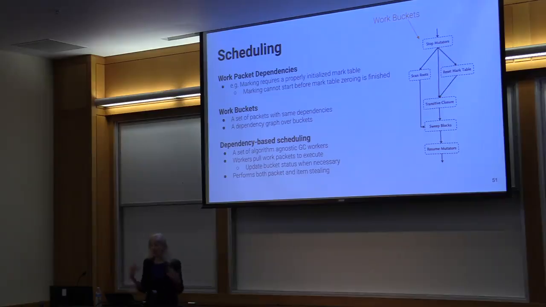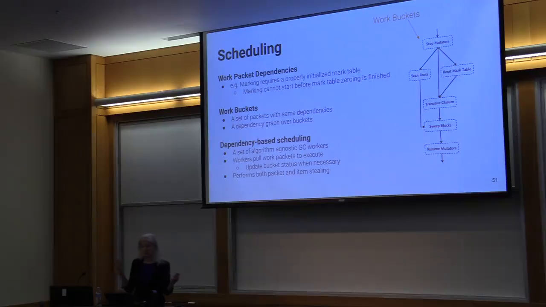So marking requires a properly initialized mark table, so you can accumulate work for the transitive closure while you're waiting for all the mutators to stop and the mark table to be completely reset. Then a work bucket is a set of packets with the same dependencies, and as soon as those control dependencies are satisfied, then you can start operating on them.